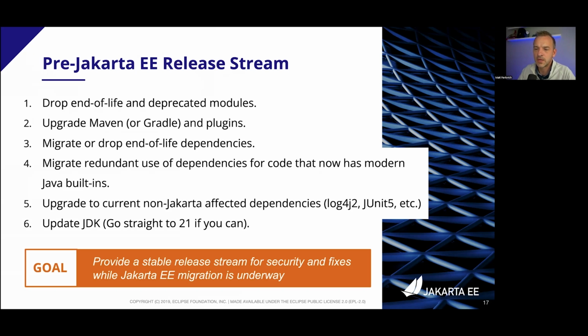And then it's a good opportunity to upgrade to current non-Jakarta affected dependencies. These are dependencies that are going to get pulled in transitively, things like log4j2, JUnit 5, things that you've been putting off, or that your managers and product owners haven't been excited about taking the time to do.